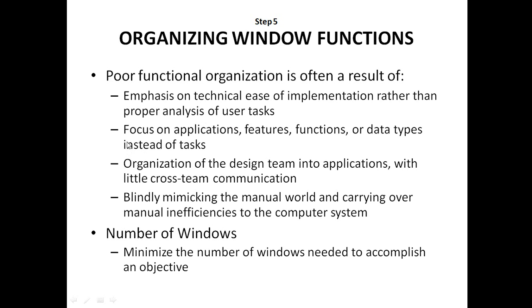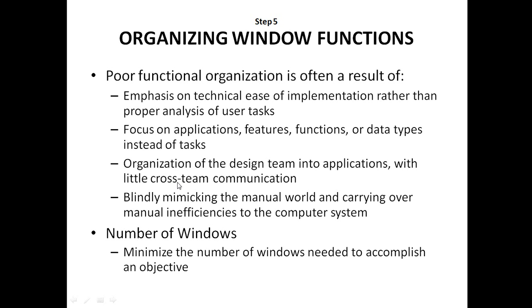The second one is the proper focus on application features, functions or data types instead of the task. Next, the organization of the design team into applications with little cross-team communication.